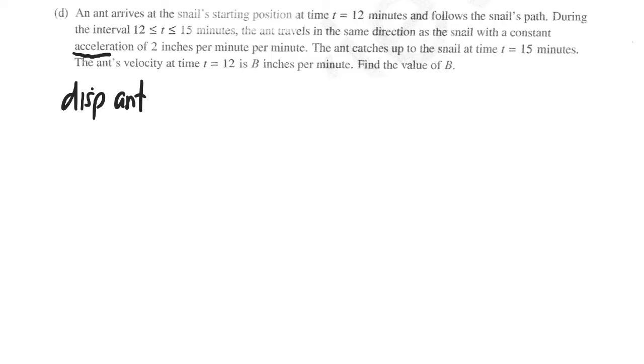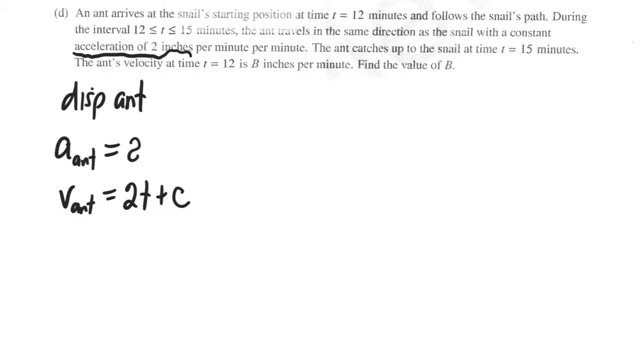I only know one thing, that the acceleration of the ant is equal to 2. That means the velocity of the ant is the integral, which would be 2t plus some constant. So that's what I know so far about that ant.